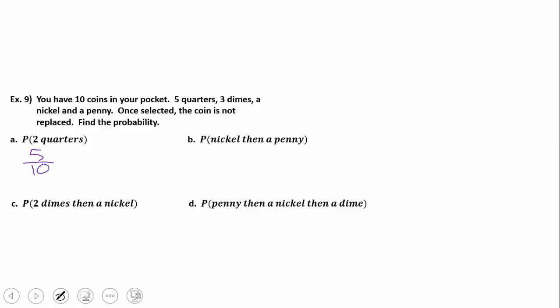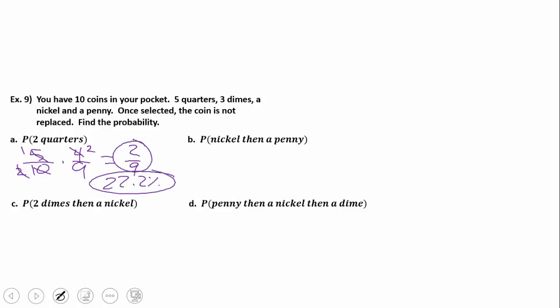So I'm going to go 5 over 10 times. Well, if I take 1 out, I only have 4 left, and I've taken 1, so now I have 9 coins. So 4 quarters out of 9 coins left on the second one. And of course, we can simplify here. This goes 1/2, and 2 goes into there 2 times. So that leaves us with 2/9, which is 22.2% chance.